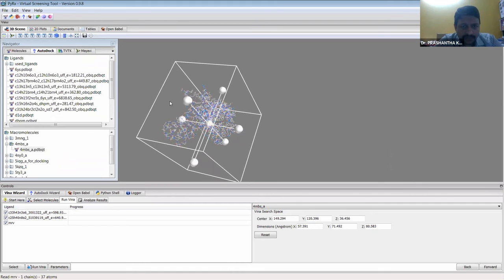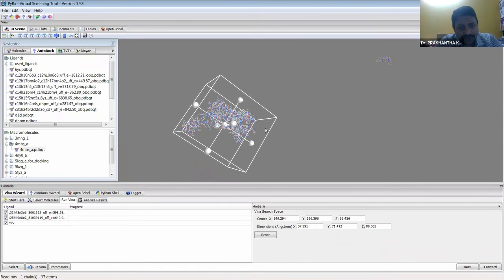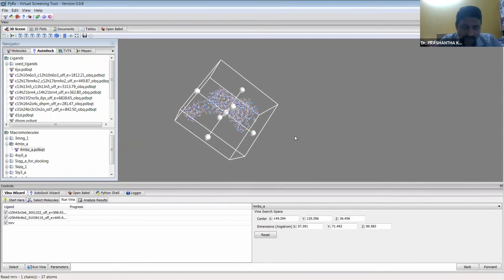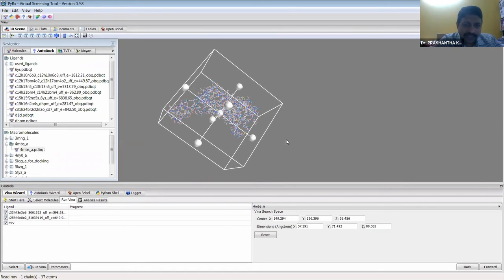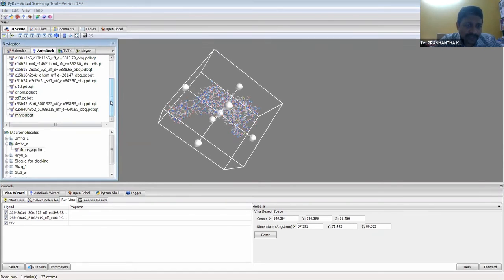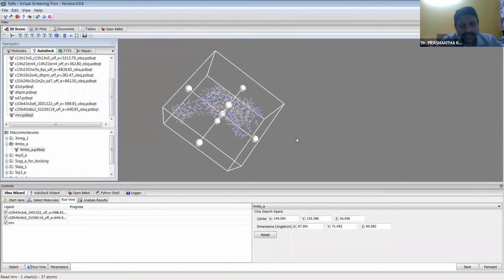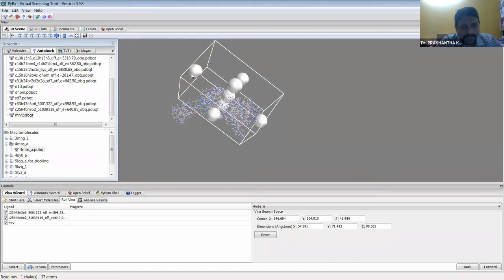Now what if I know where the Maraviroc is interacting? I know the binding site region already. So why should I do a blind docking? Is it not possible that the ligand should interact at a specific site?